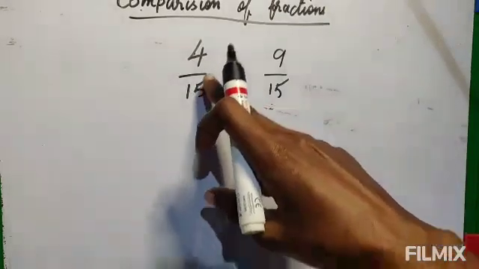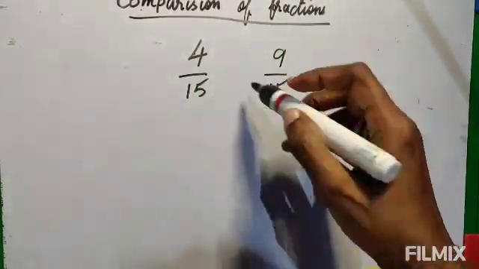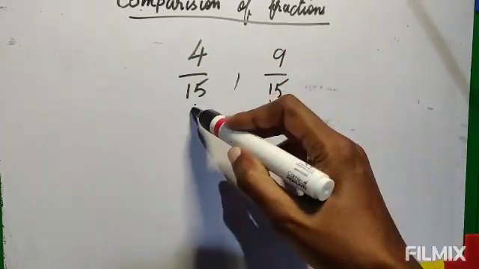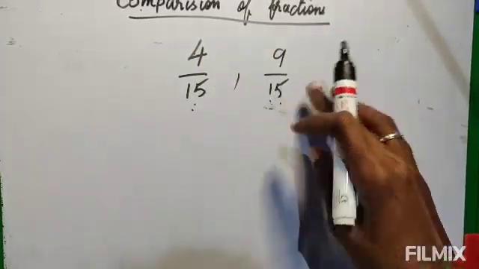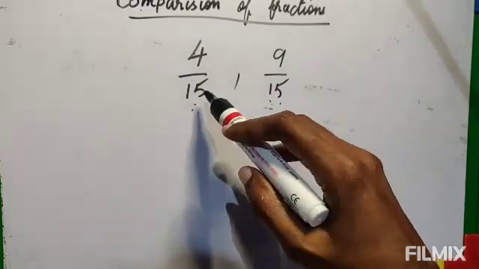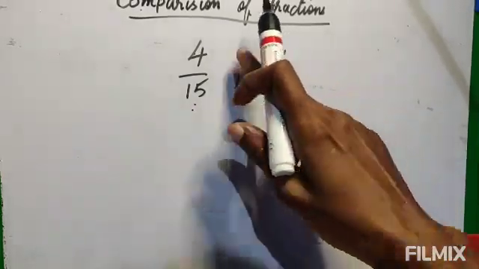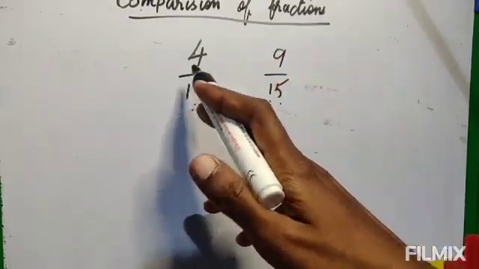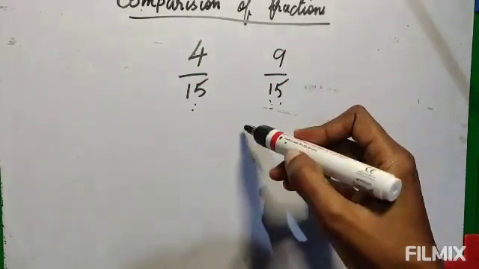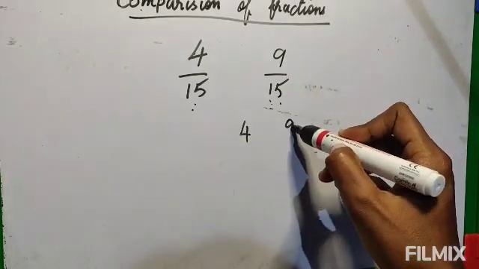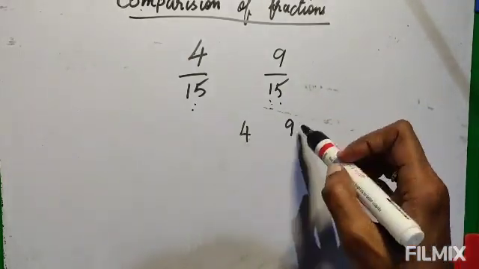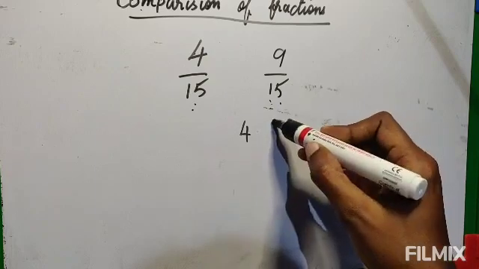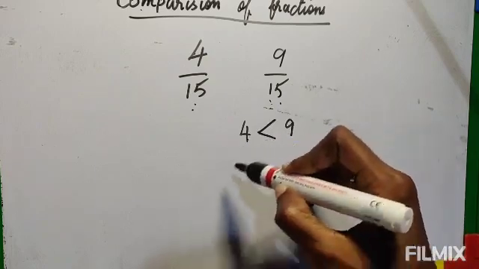Now look at these two fractions, 4 by 15 and 9 by 15. In both you see the denominator is the same, so they are like fractions. To find which is bigger, since the denominator is the same, you will compare the numerators. The numerators are 4 and 9. Which is bigger? 9 is bigger, 4 is smaller.